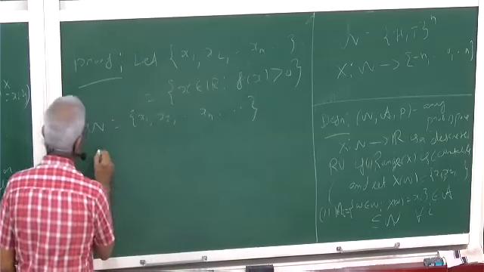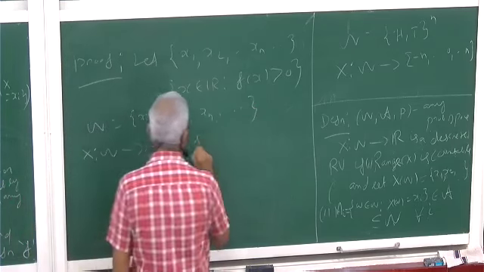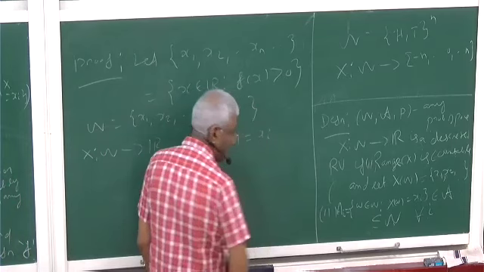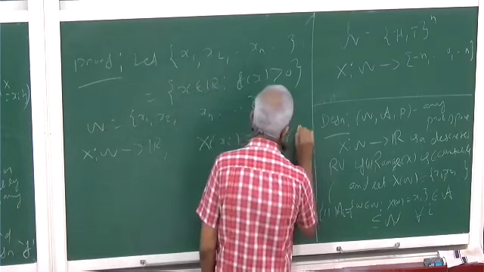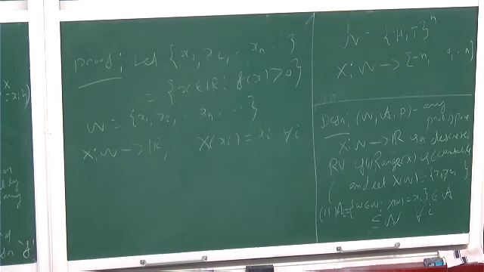Then you define X from omega to R by X of xi equal to xi. That's all. Then the probability of X equal to xi is precisely f of xi. That's all.